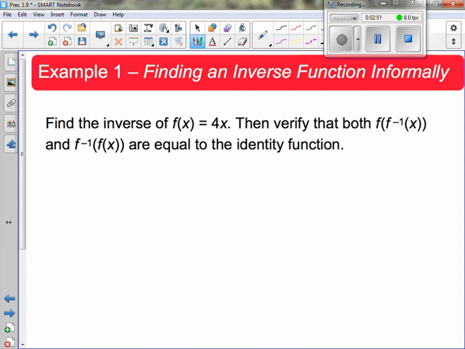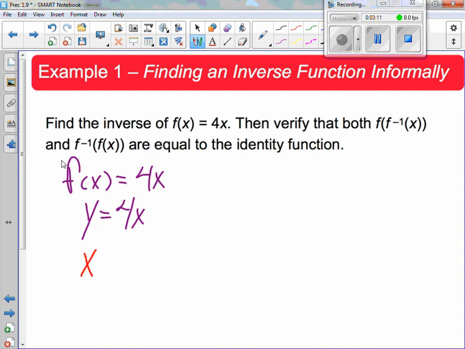So f of x equals 4x. The first thing we do is we replace f of x with y. Then we switch x and y.